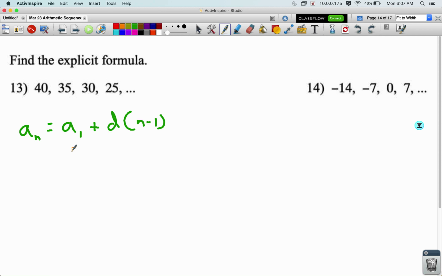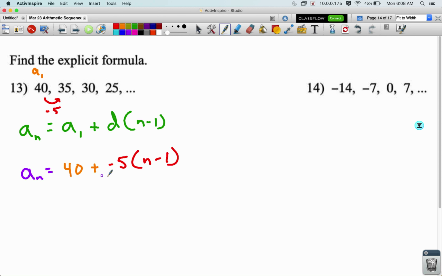So let's fill in what we can see. We can see a sub 1 is 40, so 40 goes in right there. Plus our common difference. What is our common difference? That is a minus 5 each time, so minus 5. And then n just stays as an n. That's our input variable.